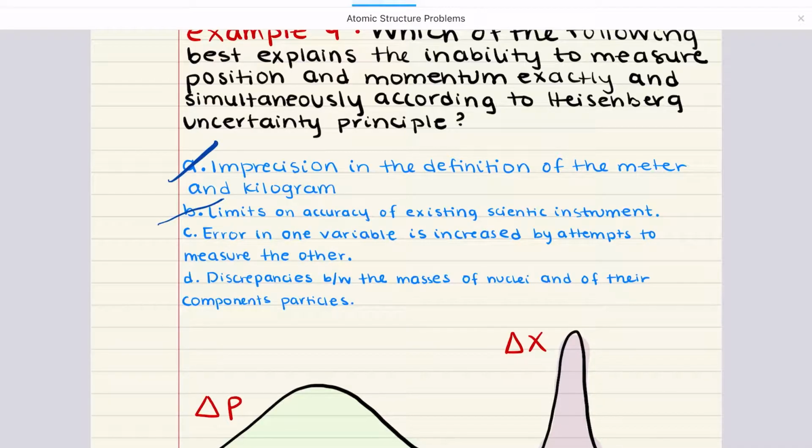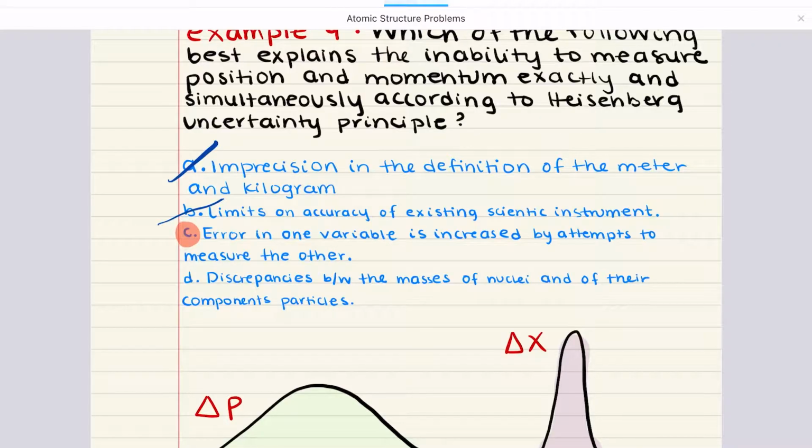C says error in one variable is increased by attempts to measure the other. This answer choice is correct. Remember that the Heisenberg uncertainty principle states that increasing the precision in measuring one property inherently increases the uncertainty in measuring the other property. And this reciprocal relationship is a fundamental property of quantum mechanics. C is the correct answer. Let's still go through D though.